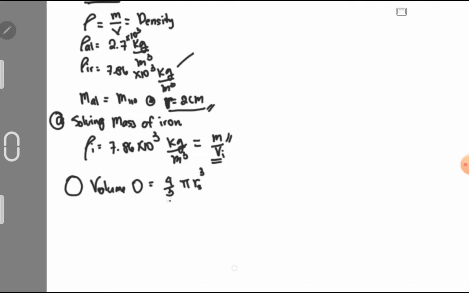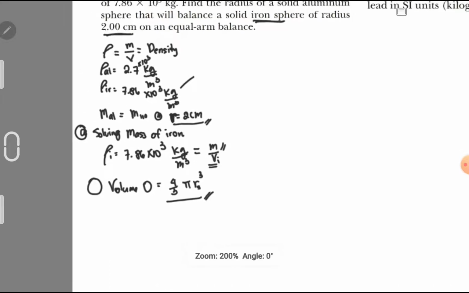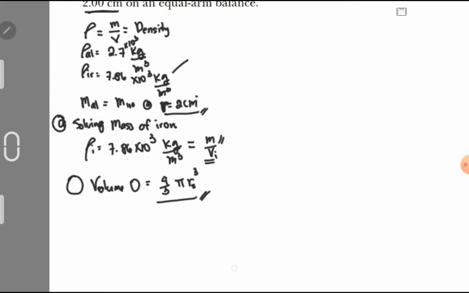Okay, since you can see that your radius is in centimeter, you cannot cancel out your centimeter to meter immediately. First, you should know how to convert your centimeter into meter, right? So therefore, my 2 centimeter is multiplied by 1 meter over 100 centimeter, canceling out your centimeter.